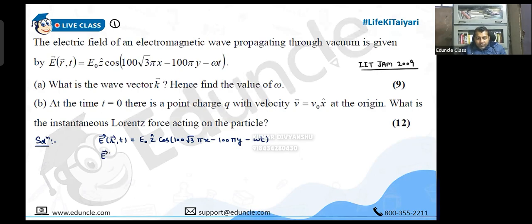And now we know that the actual expression is of the type k dot r minus omega t. This part corresponds to k dot r.